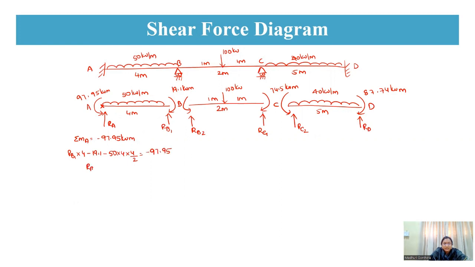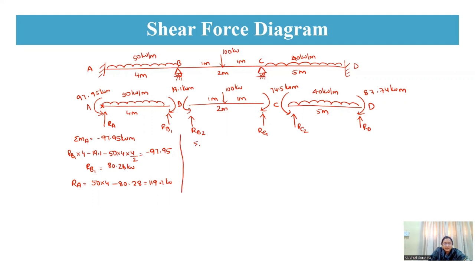So RB1, you're going to get as 80.28 kilonewton. Whereas coming to your RA, RA will be equal to 50 into 4, that is the total load acting on this beam, minus 80.28. So finally, you're going to get 119.7 kilonewton. So this is your RA.